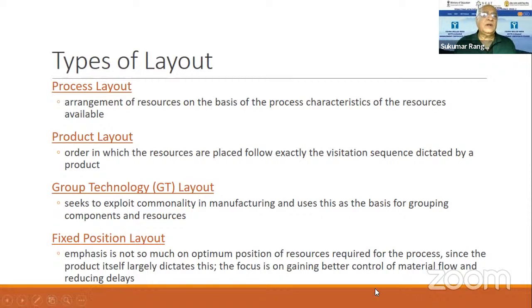A product layout is where the order in which the resources are placed follows exactly the visitation sequence dictated by the product.